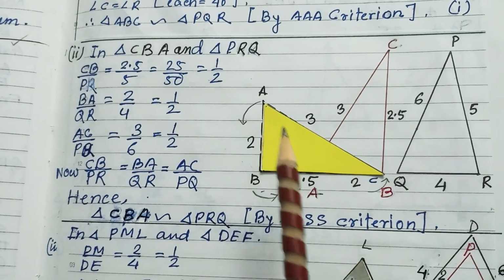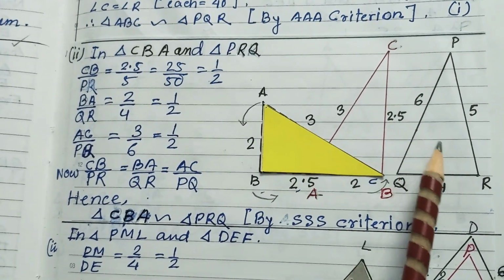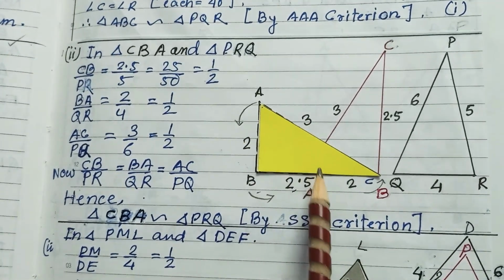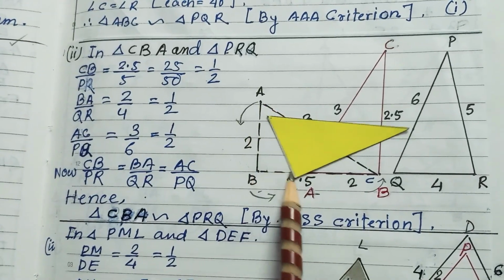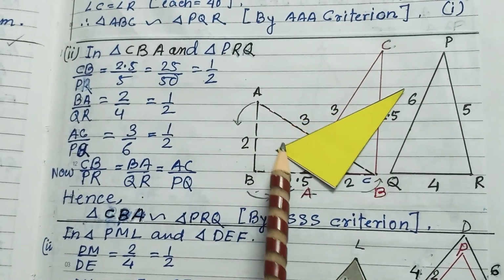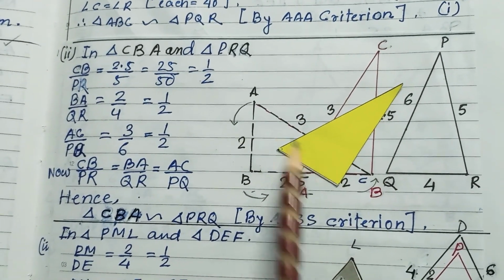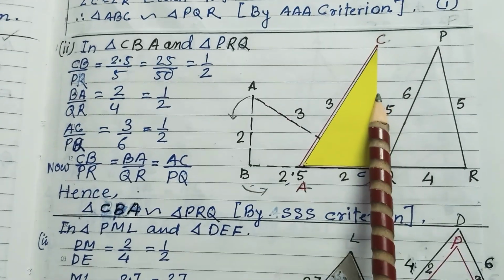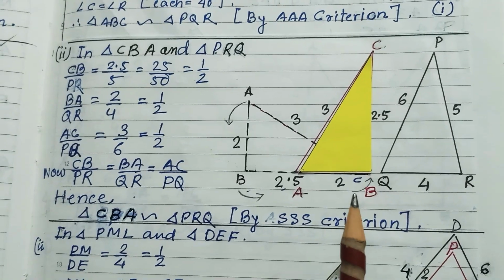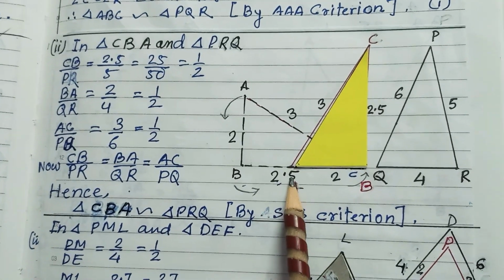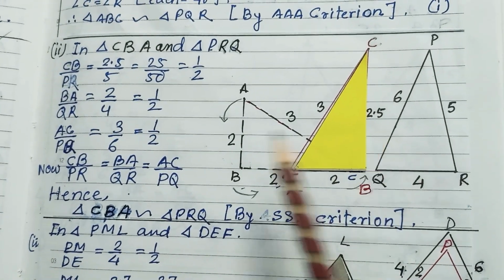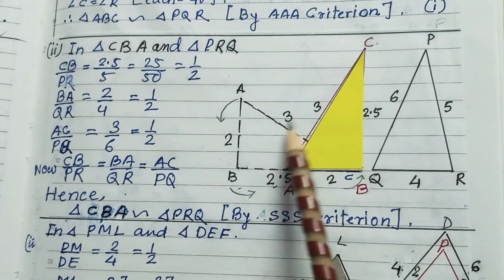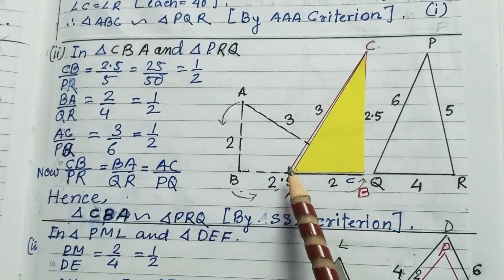If you shift it in the anti-clockwise direction, this triangle will shift in this form. Check it. It is 2.5 now shifted here, 2 shifted here, and 3 shifted according to this.